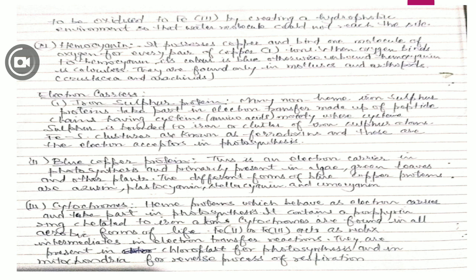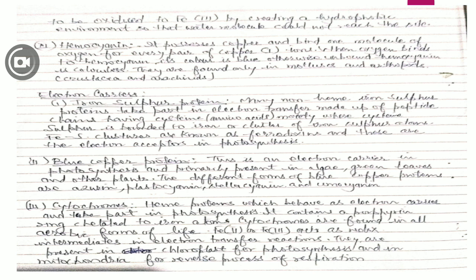Third is hemocyanin. It possesses copper and binds one molecule of oxygen for every pair of copper 1 ions. Oxidation state of the copper is 1. When oxygen binds to hemocyanin, its color is blue, otherwise unbound hemocyanin is colorless.